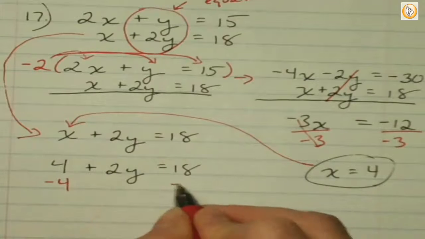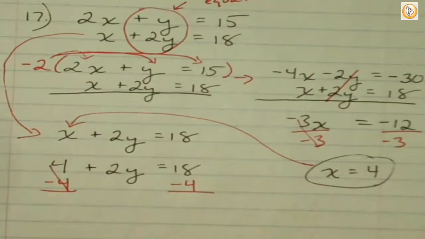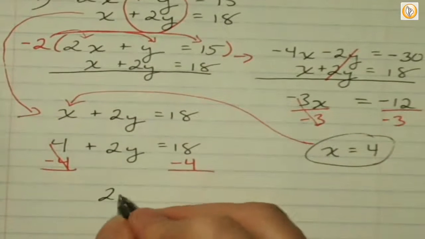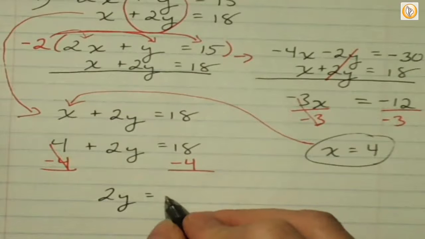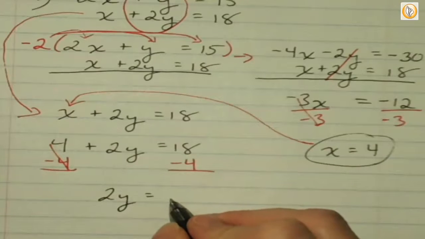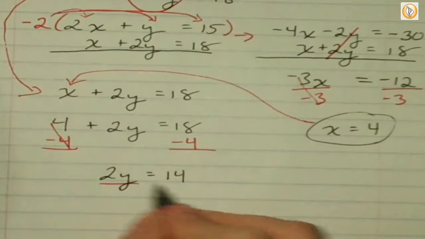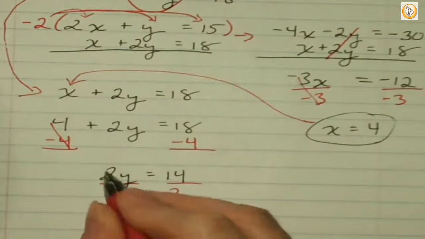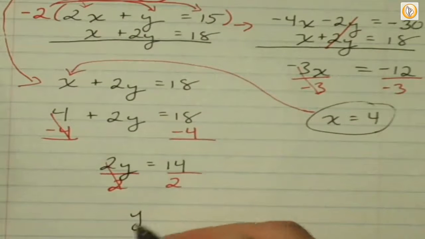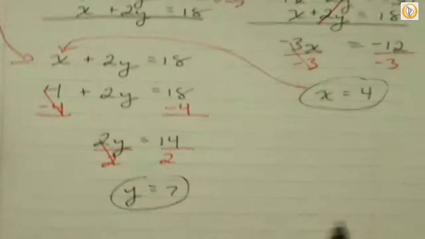We're going to subtract 4 on both sides. I get 2y equals, what's 18 minus 4, everyone? 14. Very good, 14. Making sure you're all awake. Divide both sides by 2, so y equals 7.